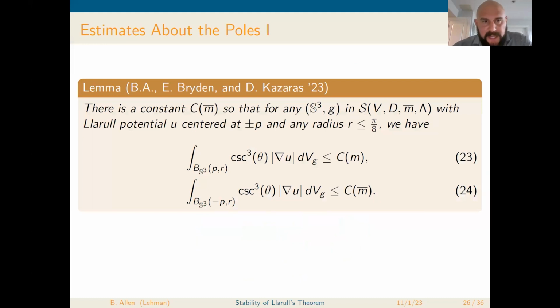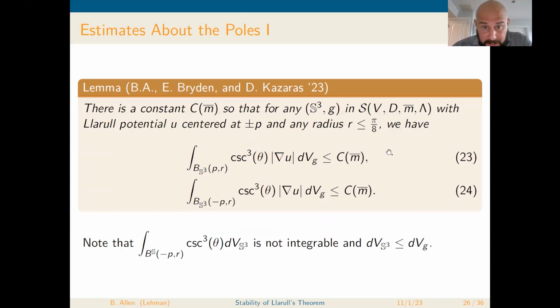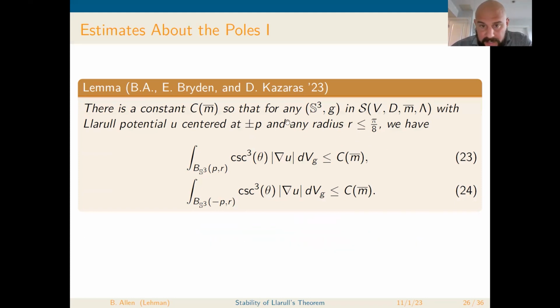Let me give you a flavor of the kinds of things that we can control now. Again, you have a Llarull potential that's in the class we're interested in studying. You have balls centered at plus and minus P, with radius smaller than the radius here, which is kind of technical, and you can get this kind of bound. Why is this interesting?